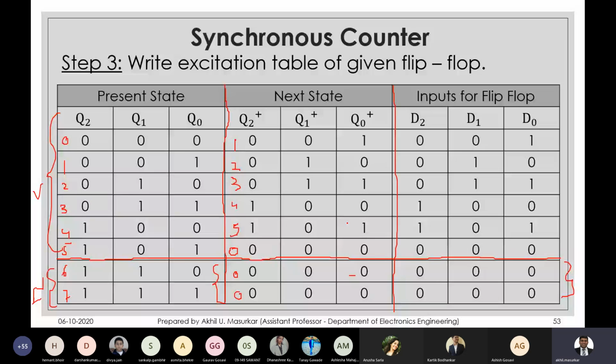Now with this table, I want you to design for D2, D1 and D0. Your K-map will now become complicated, or you will get more number of terms, because previously you had don't cares, and you could assume them as 1 or 0 as per your convenience. But now that don't cares have been replaced by 0 states, the number of ones reduces.